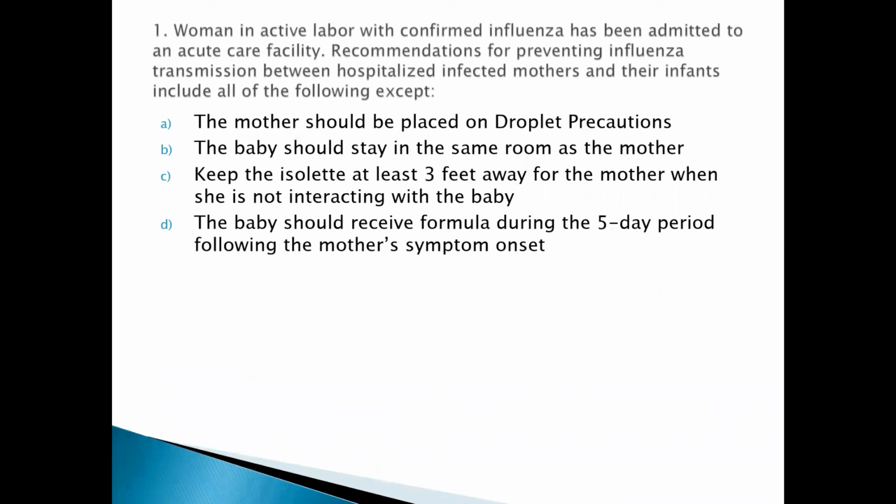Recommendations for preventing influenza transmission between hospitalized infected mothers and their infants include all of the following, except: A, the mother should be placed on droplet precautions. B, the baby should stay in the same room as the mother. C, keep the isolette at least 3 feet away from the mother when she is not interacting with the baby. Or D, the baby should receive formula during the 5-day period following the mother's symptom onset.